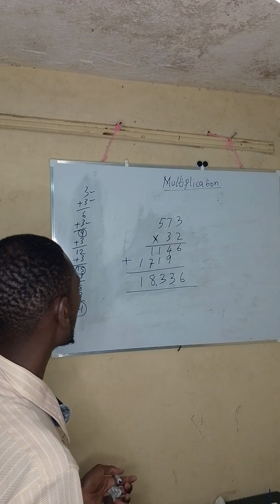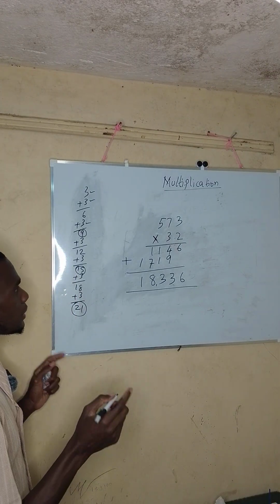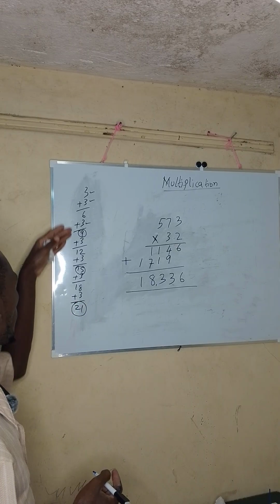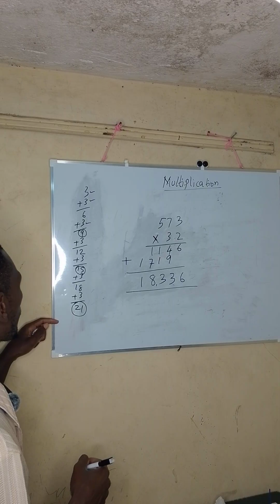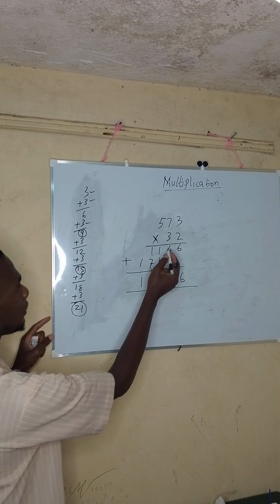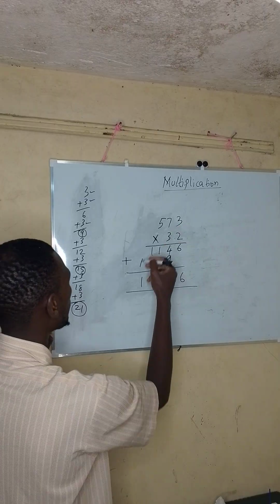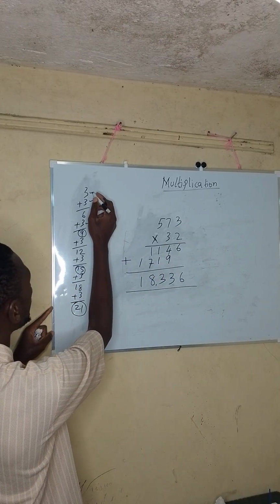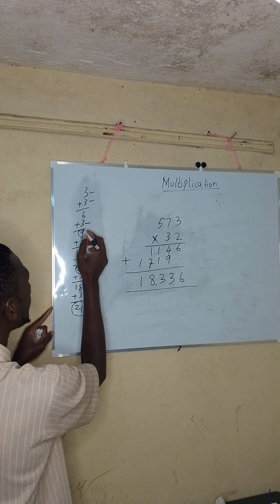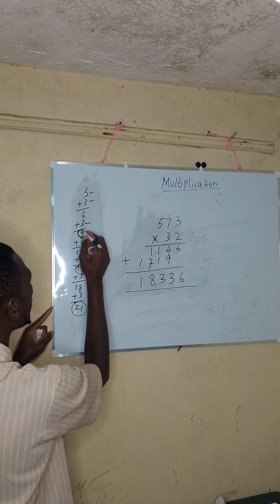So there are always some mistakes that some learners make, especially here when they are adding. For example, if you talk about 3 times 3, which is 9, you will count 1, 2, 3. For them, instead of picking 9, they will pick 12.